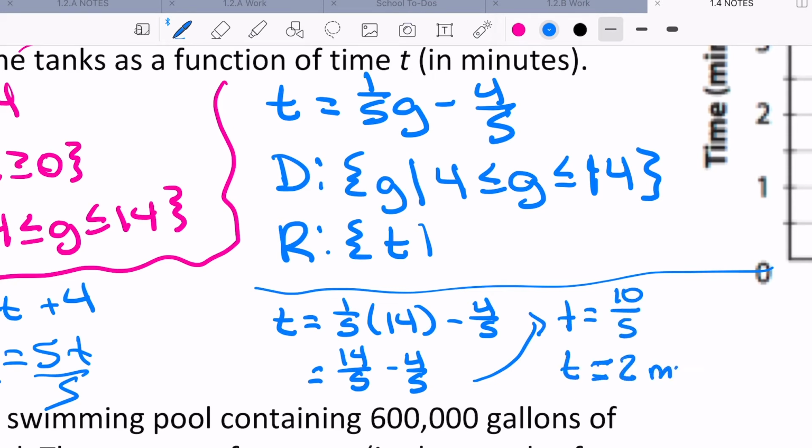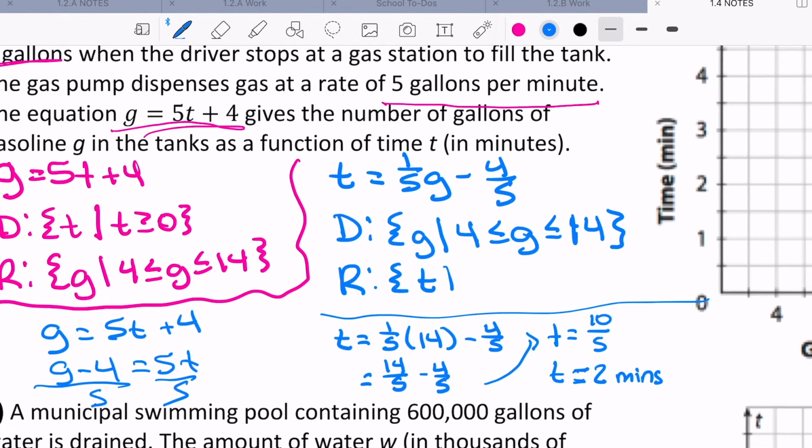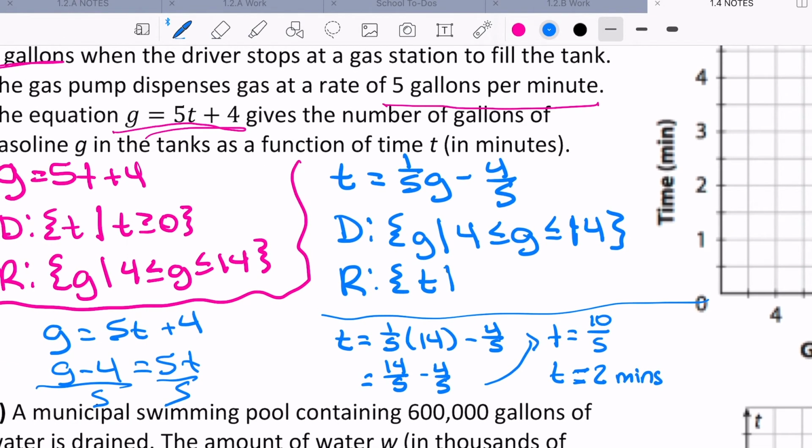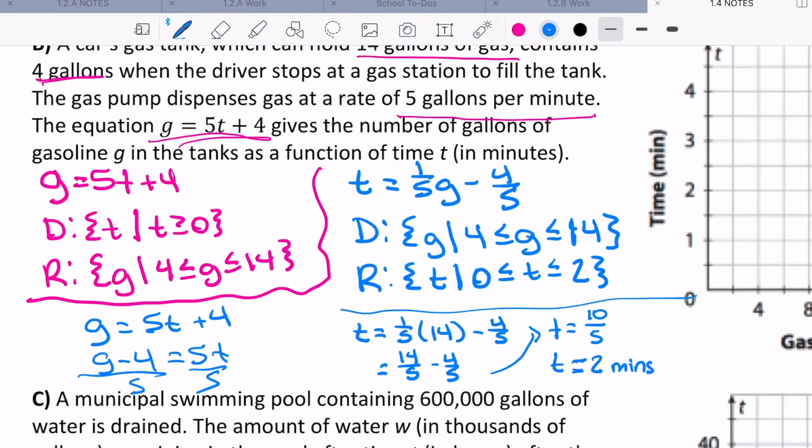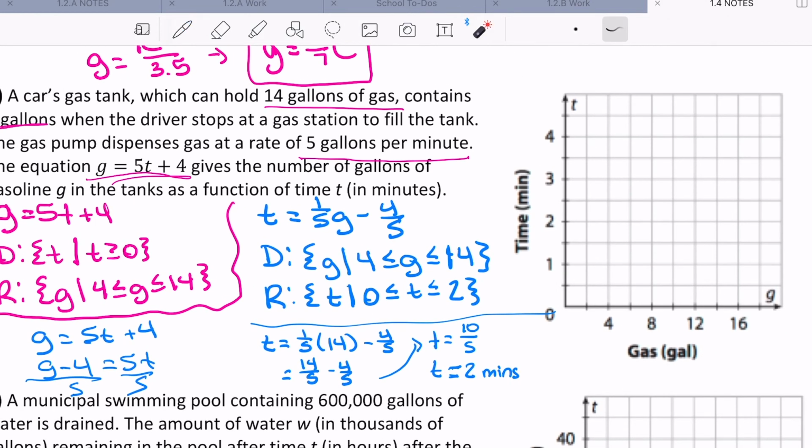This is telling us that it's going to take 2 minutes to fill up 14 gallons. When we start filling up, we're at 4 gallons, which is time 0, what's already in the car. When we get to 14 gallons, it's going to take 2 minutes. So we have our coordinate points to graph: (4, 0) and (14, 2).